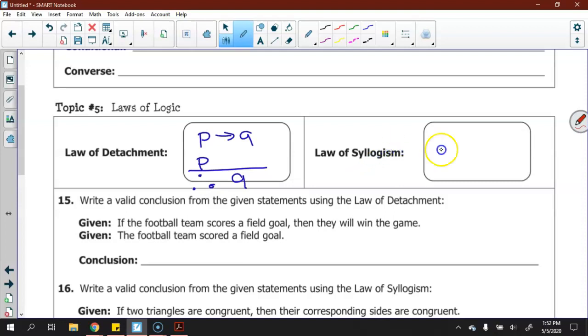Law of syllogism says if P, then Q, and then if Q, then R, we can jump straight to the end and say if P, then R. What are those dots? The dots mean therefore.